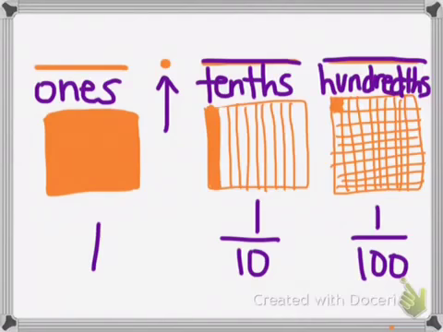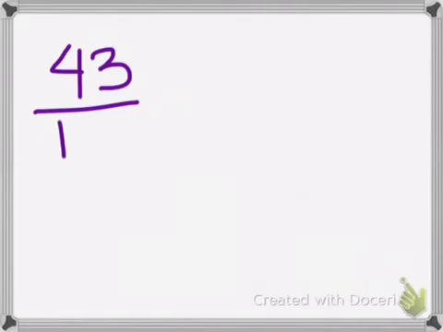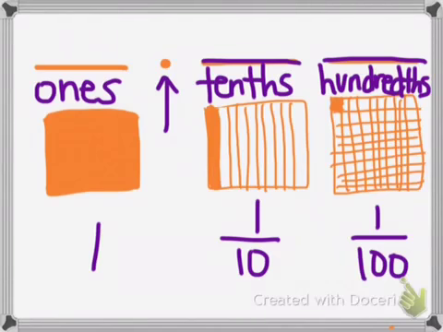So let's first start with if we are given a fraction. So let's say you're looking at the fraction 43 hundredths, 43 out of 100. Well, just a second ago we discussed that the hundredths place is 1 out of 100, and the way that it's written is 0.01 or 1/100th.